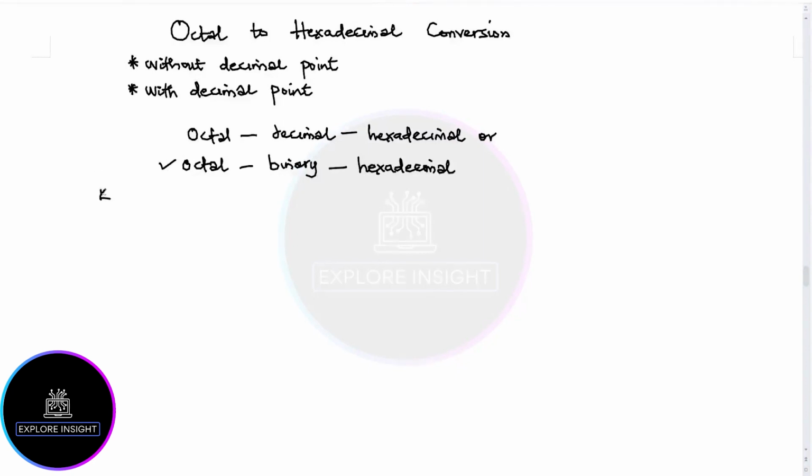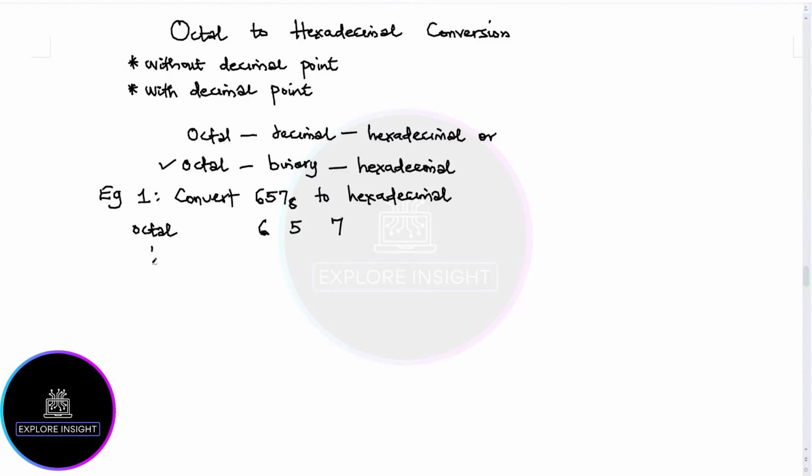So we'll consider example 1. In example 1, we are asked to convert 657 in base 8 to hexadecimal. The steps we are going to take is to first of all bring out this value which is in octal system.